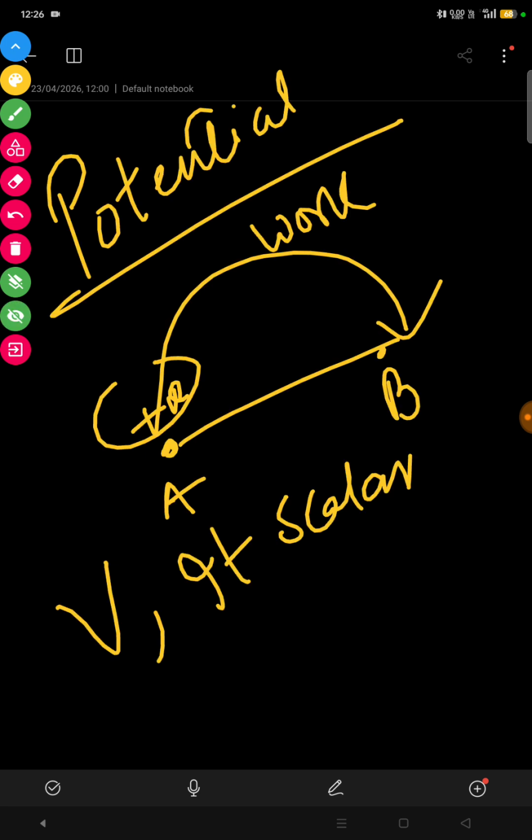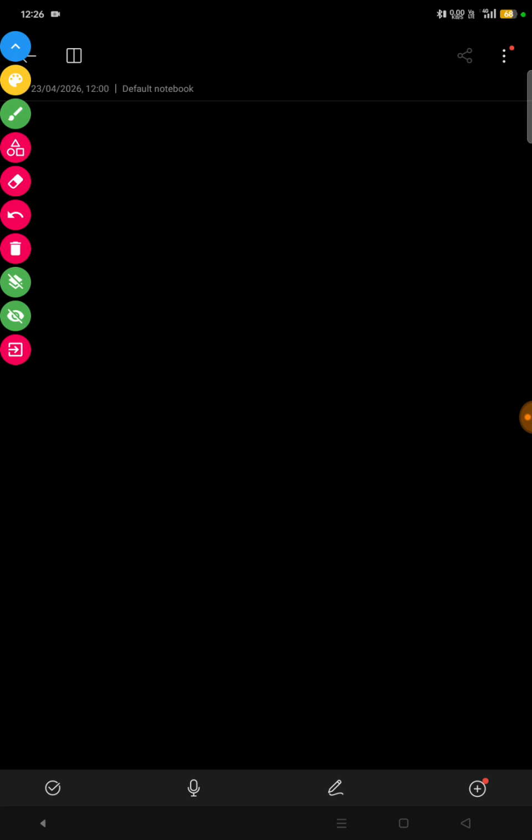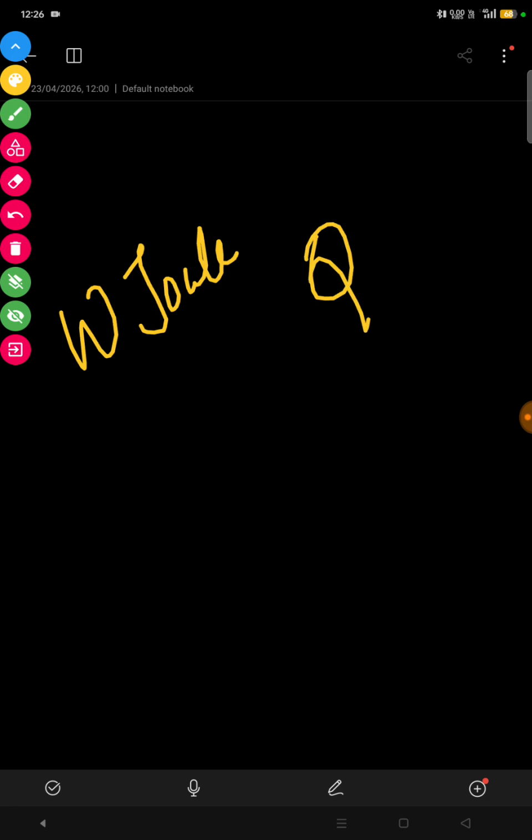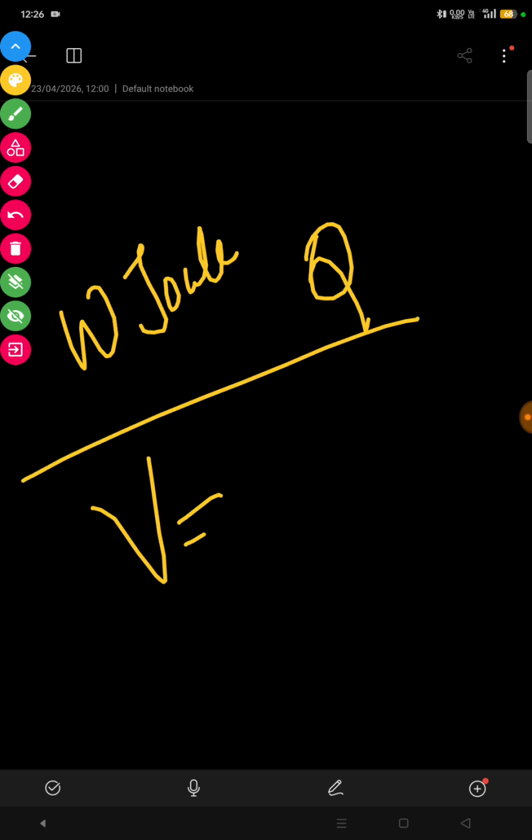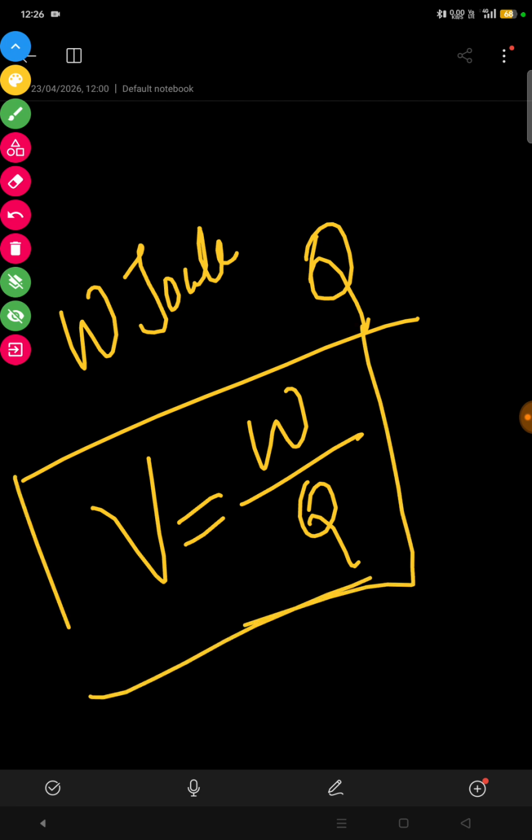If W joule of work is done in bringing the charge Q coulomb from infinity to that point, then the formula for electric potential will be V is equal to W by Q. What does this mean?